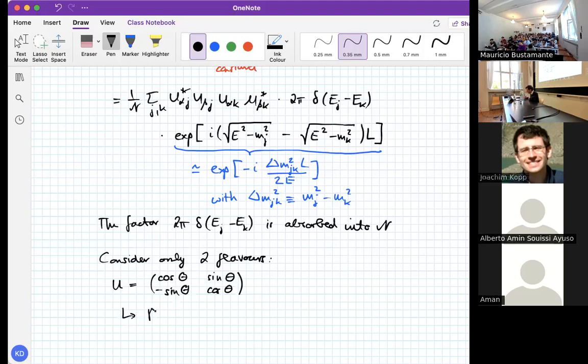And then the oscillation probability greatly simplifies. So from one neutrino flavor into the other, this is approximately equal to sine square 2 theta times sine square delta m square times L divided by 4e. Now there are only 2 mass eigenstates, so I don't need to put indices on the delta m square. And this is the 2 flavor approximation.